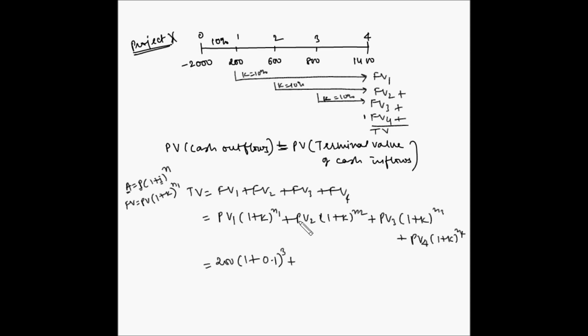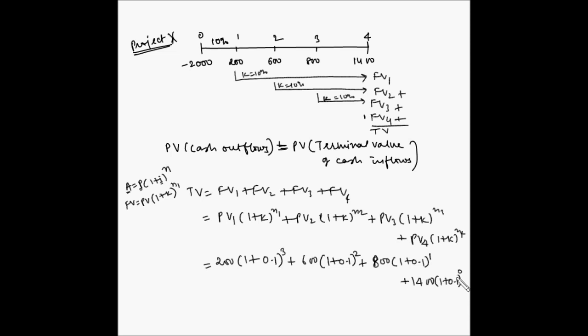plus PV2 is 600 into bracket 1 plus 0.1 to the power 2 plus PV3 is 800 into bracket 1 plus 0.1 to the power 1 plus PV4 is 1400 into 1 plus 0.1 to the power N4, but this will not be compounded for any tenure because 1400 is being received at the end of the total tenure.